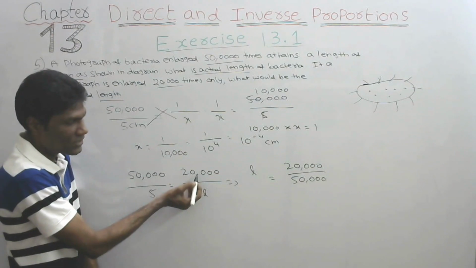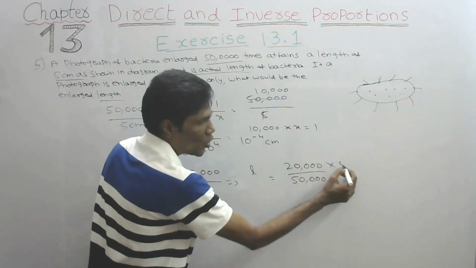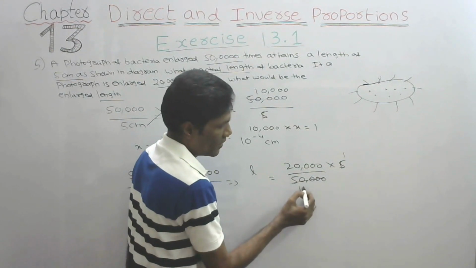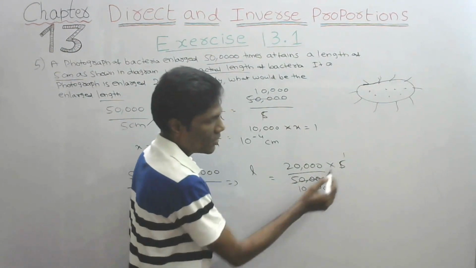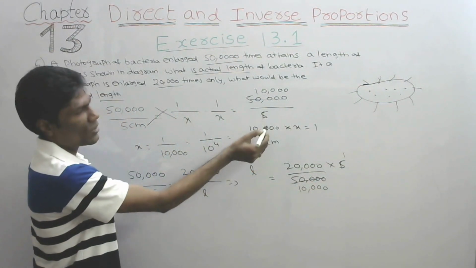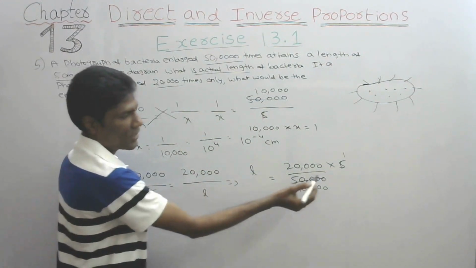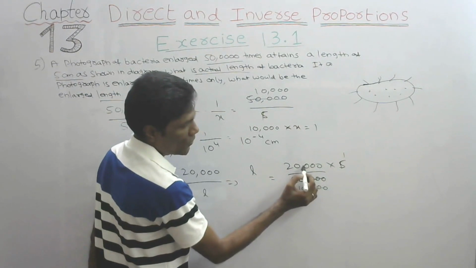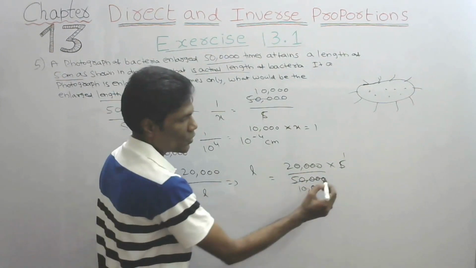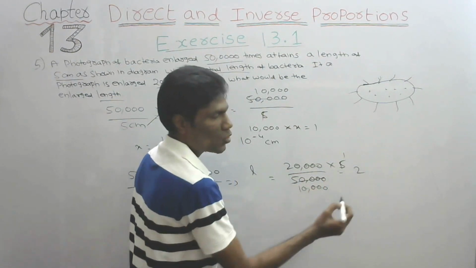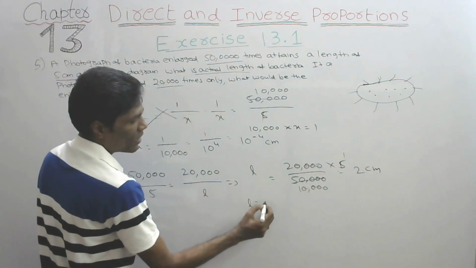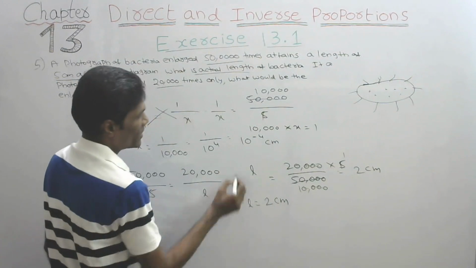When it goes to other side, it will go to numerator, 5, 10,000. 1 by 10,000, same. 4 zeros, 4 zeros, cancel. So remaining will be 2 centimeters. So the answer will be L equal to 2 centimeters.